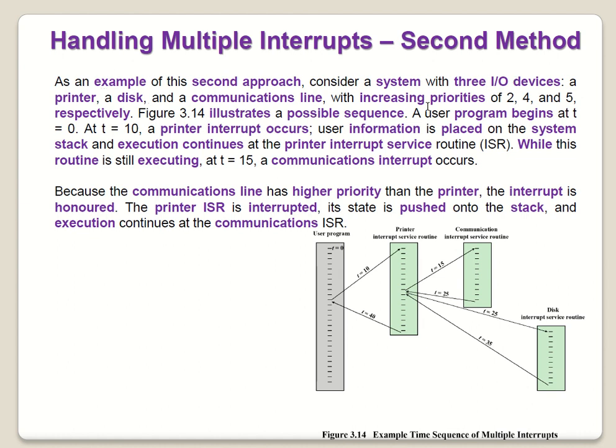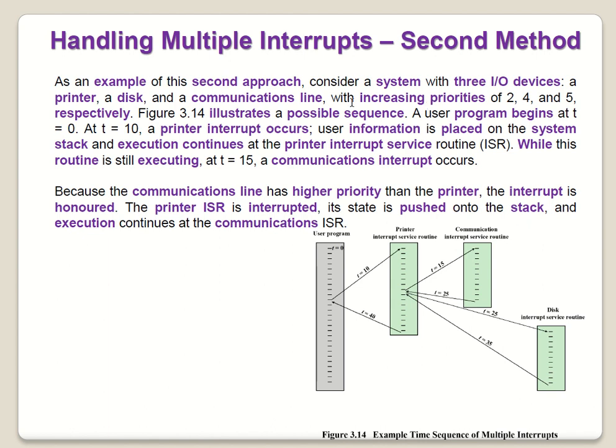The priorities are 2, 4 and 5. 2 is the priority of the printer, 4 is the priority of the disk, and 5 is the priority of the communication line. Higher the number, higher the priority. 5 is the high priority device, 4 is the medium, and 2 is low priority.